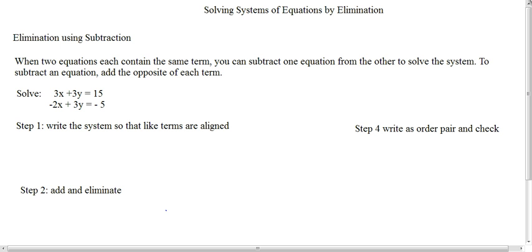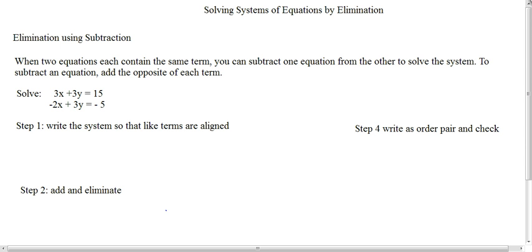As we take a look at this, we want to make sure we write the system so that the terms line up and we can determine which terms we want to eliminate. That's what elimination means. As I look at this system, I see a plus 3y and a plus 3y in the second.